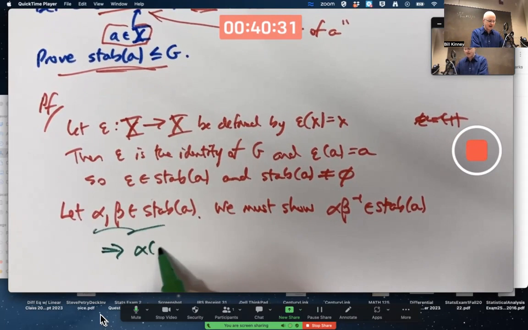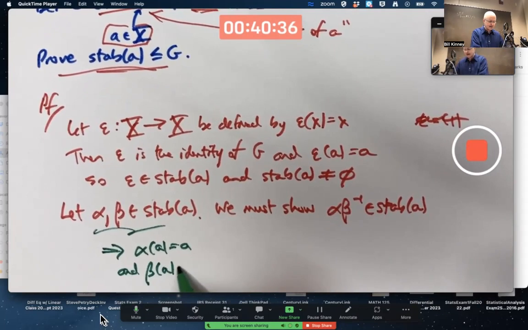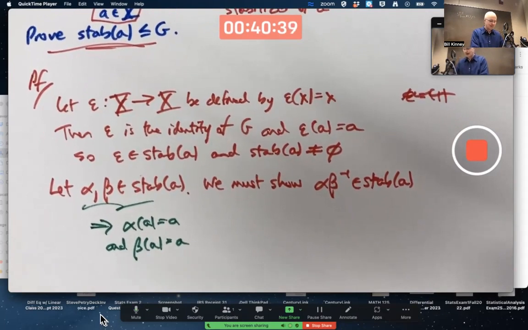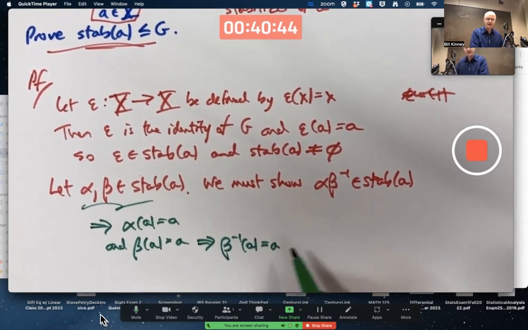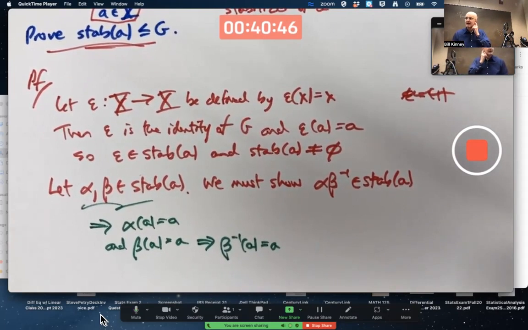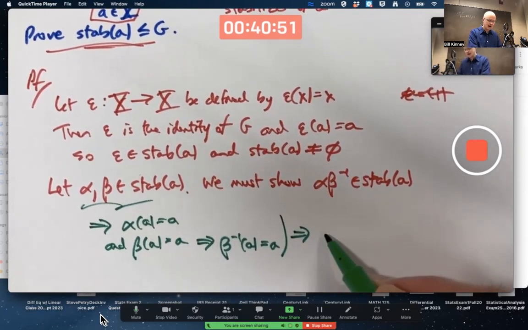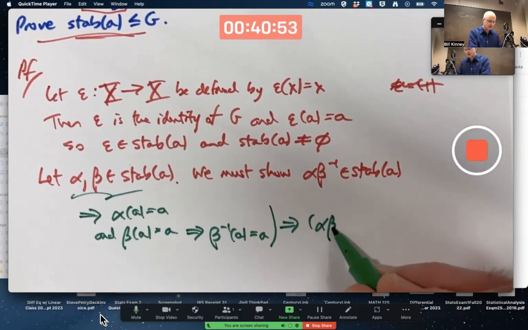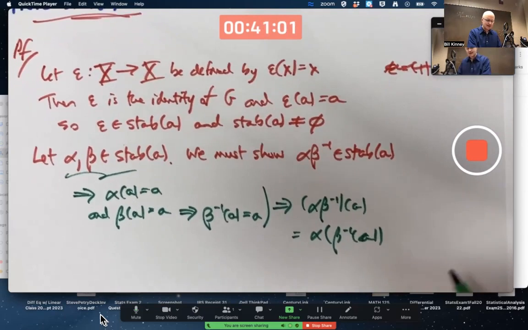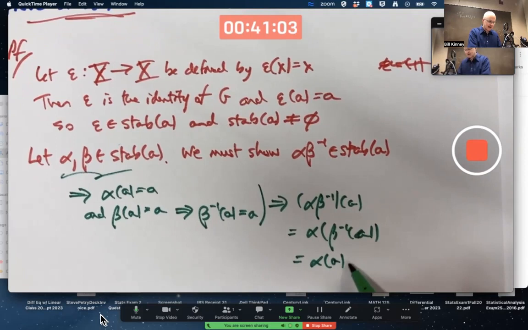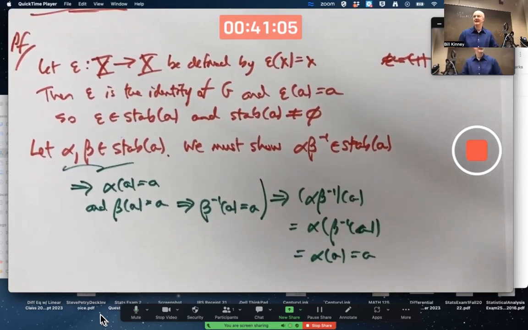This implies alpha of A equals A and beta of A equals A. And beta of A equaling A implies beta inverse of A equals A by the definition of an inverse function. And these two things together are going to imply alpha composed beta inverse of A, which by definition is alpha of beta inverse of A, is alpha of A, which is A. Done. It's actually pretty easy.